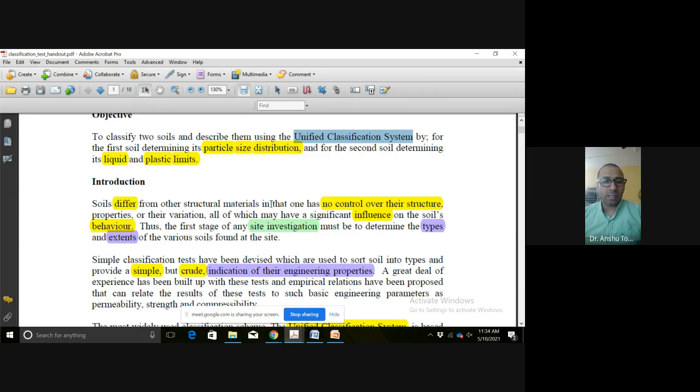But we are discussing soils separately because all the earlier materials either fall into brittle materials or ductile materials, and their behavior is already documented. They are man-made and their behavior can be easily understood by an engineer from the already documented literature, whereas in soils they don't have any control over their structure.